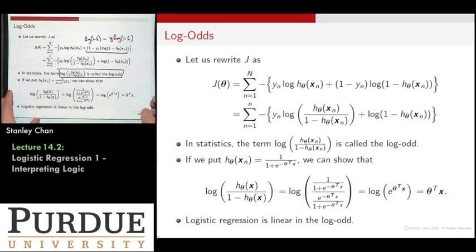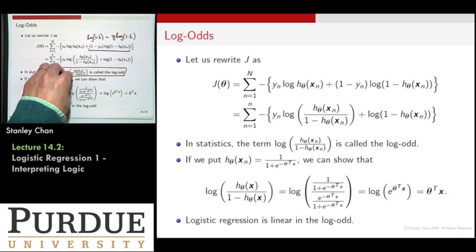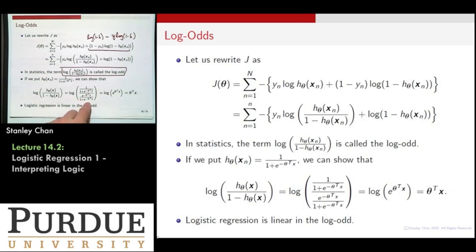It has certain interpretations, which I'm not going to go into in detail. But if we put this h into here, what is h? Let me remind you, h is the sigmoid function. It has this form. You take this equation, put it into the log odd, then you get a log of 1 over something divided by something, and then 1 plus something. It's a very complicated creature, but never mind.